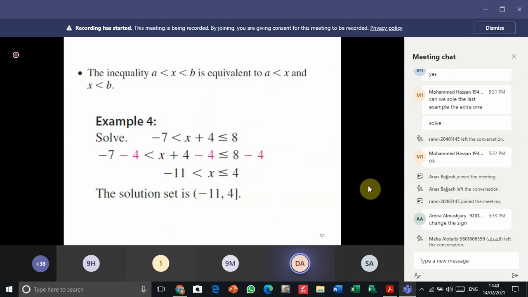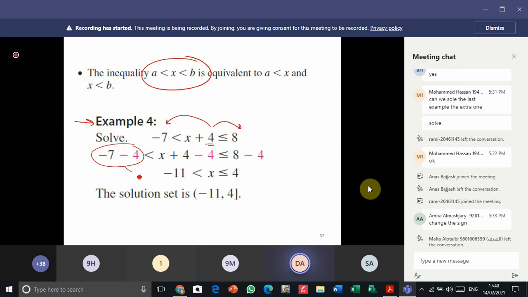Sometimes we have two inequality signs in the same inequality, like this. Look at this example. We have 4, so move the 4 to both sides, to the left and the right. When we move the positive 4 to the left and right, we have negative 4 for both sides, like this.